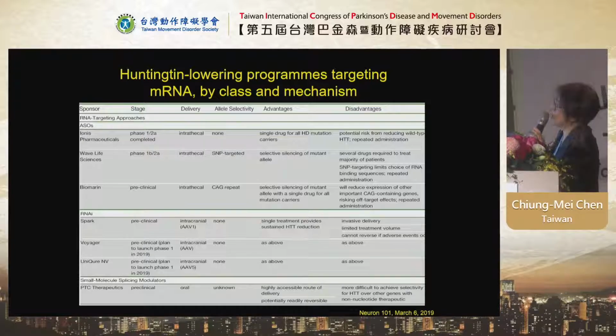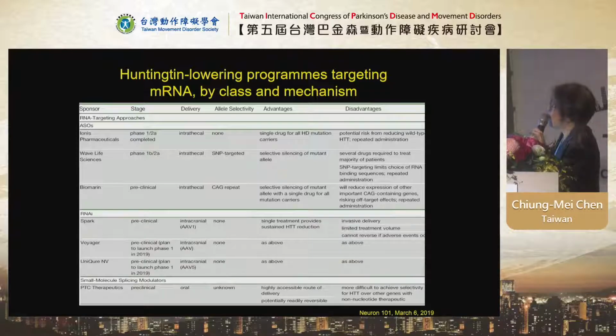First one is Ionis Pharmaceuticals. Their ASO has just completed a phase 1/2A study. And their ASO is non-allele specific. Wave Life Sciences is in the phase 1B and 2A clinical trial.